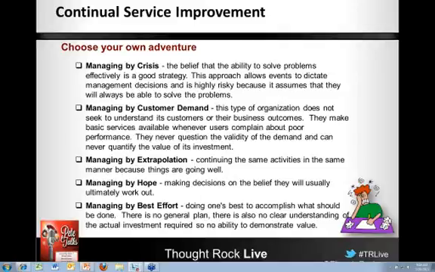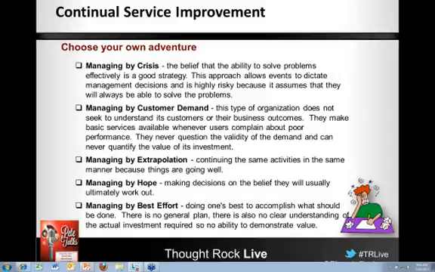Then managing based on customer demand. We have a tendency to not validate the demand and understand what exactly we're going to get for it, which goes directly to the point of this session today. What's the value? We never really quantify it.